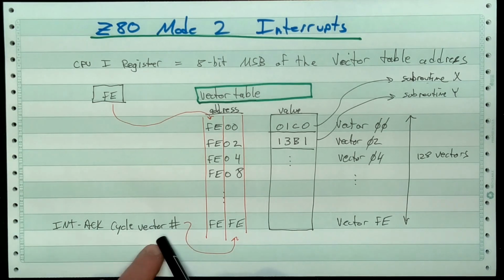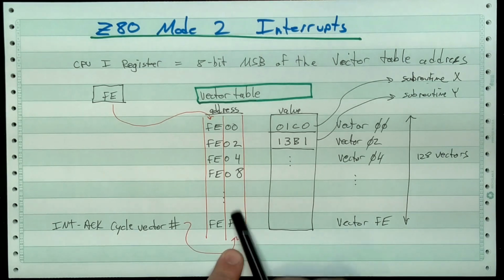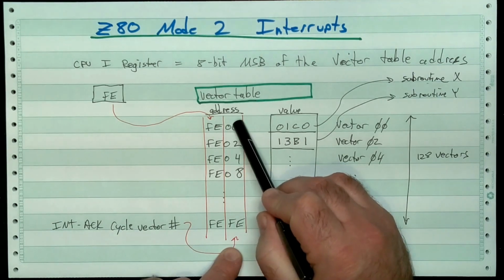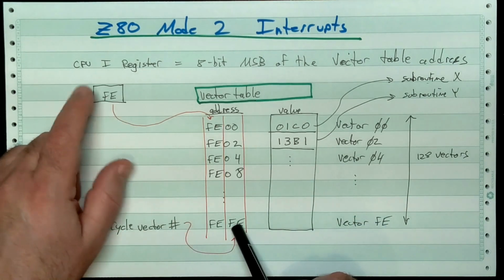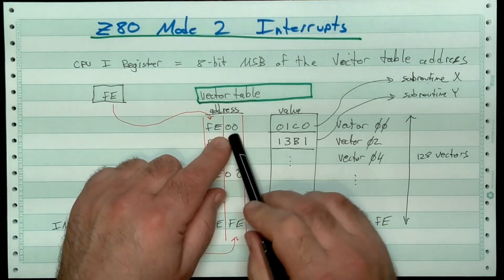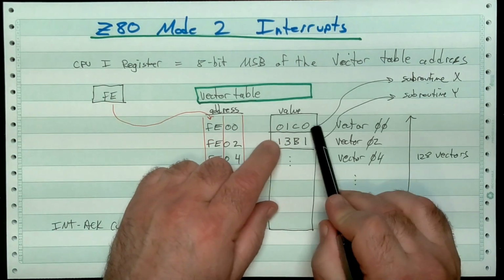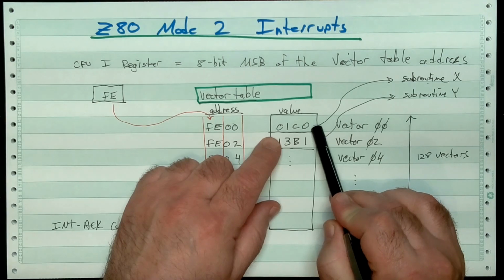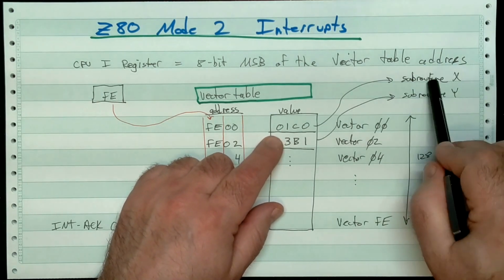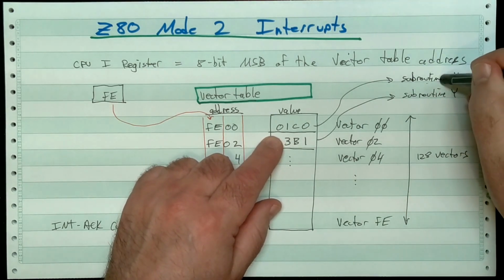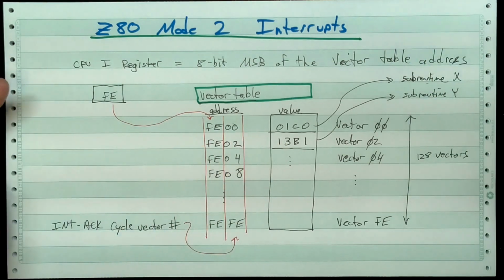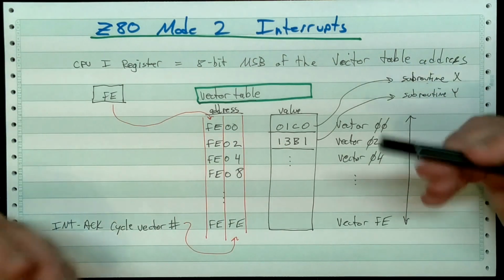That vector number is used as it is for the least significant byte of the address that's combined with the I register to find the location in memory that stores the address of the subroutine that's going to be called to handle the interrupt. All right? It's a lot of jumping around. Keep it straight.